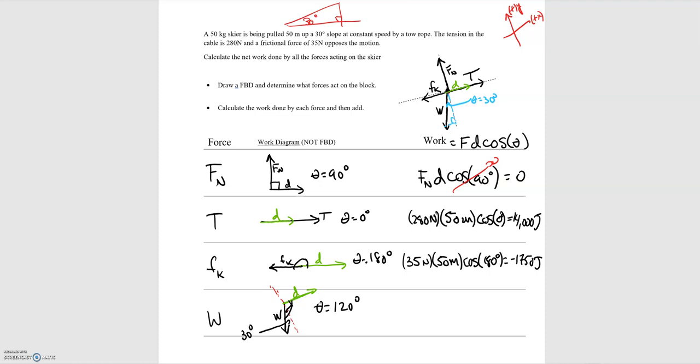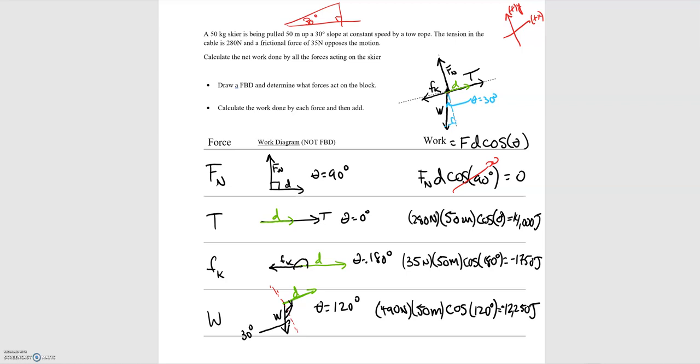Then rounding out with weight, we have weight's equal to mg. So that's equal to 490 newtons multiplied by 50 meters times cosine of the angle between them, which is 120 degrees. Cosine of 120 is equal to -1/2. So we end up with an answer of -12,250 joules.